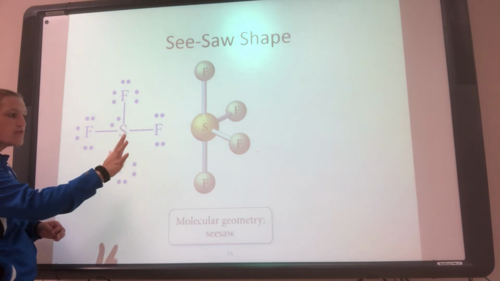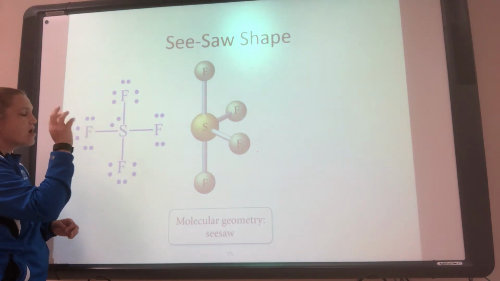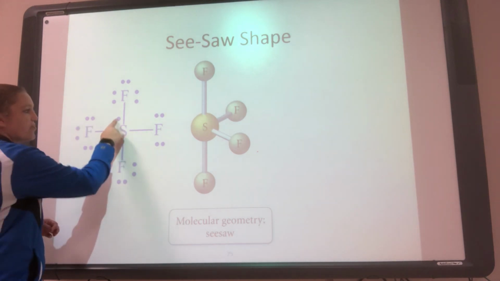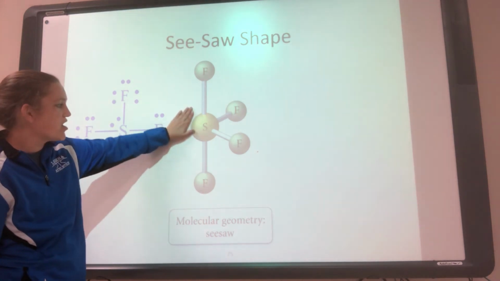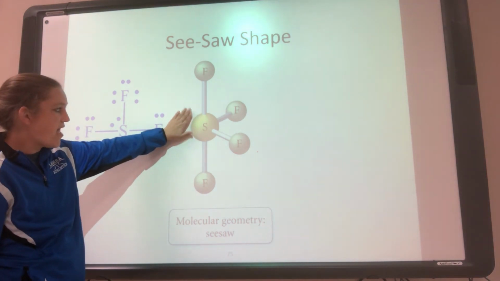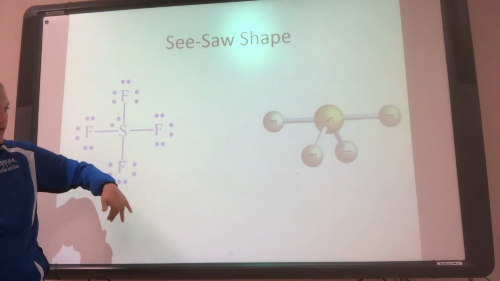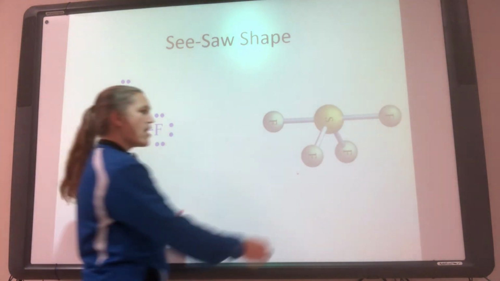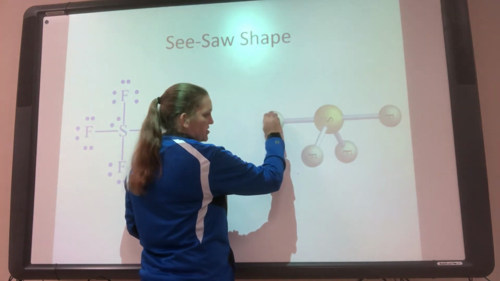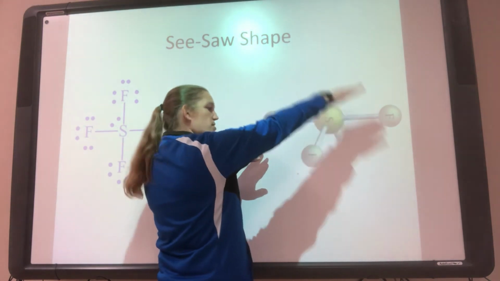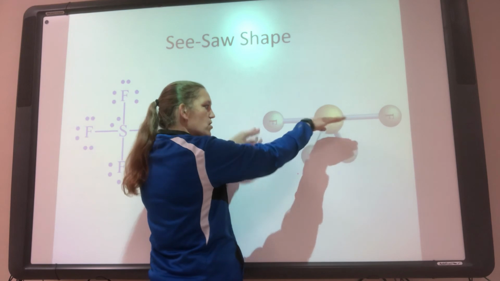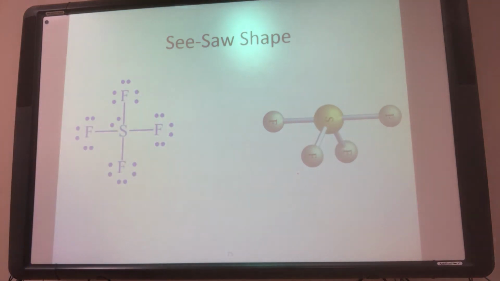My parent geometry is the trigonal bipyramidal, but one of those lone pairs goes right here in that equatorial position. If I were to take this and flip it down, it makes a seesaw. Think of this as the fulcrum. I sit here, and these go up and down, like a seesaw. Okay? So that is my shape there.